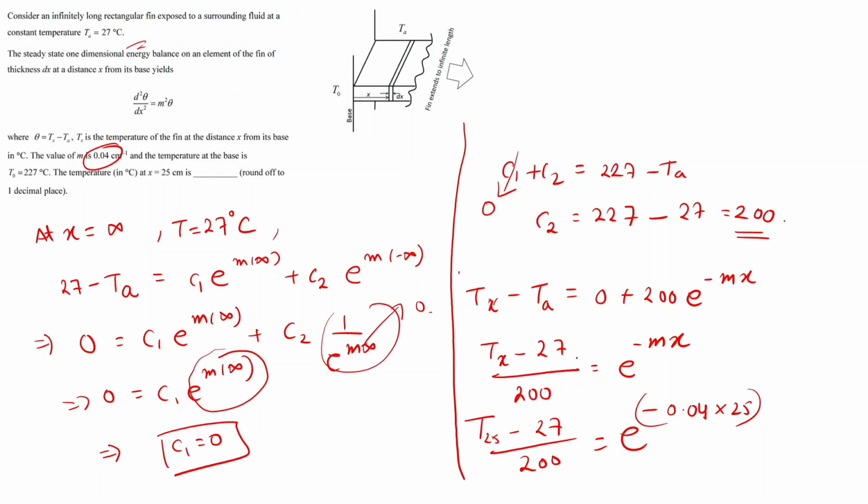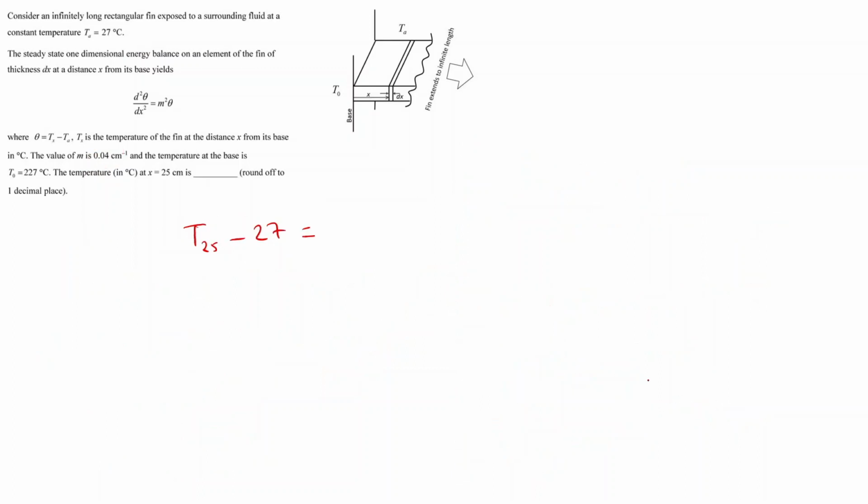So this we can simplify as T of 25 minus 27 is equal to, this term will be equal to 0.367 into 200.